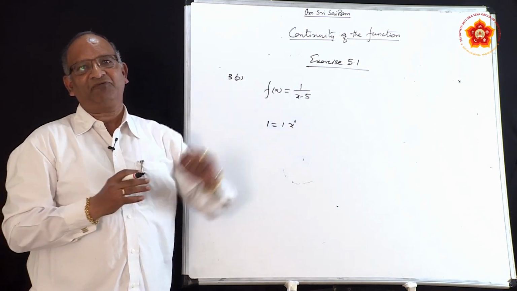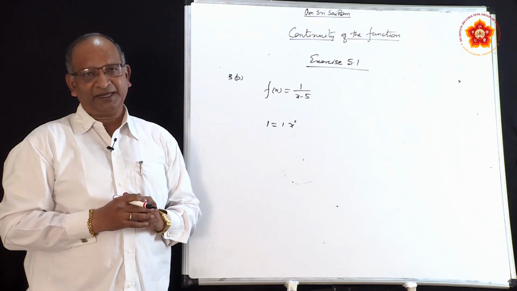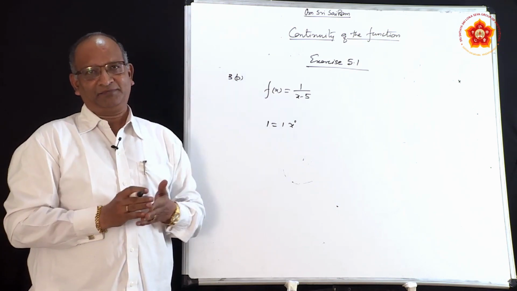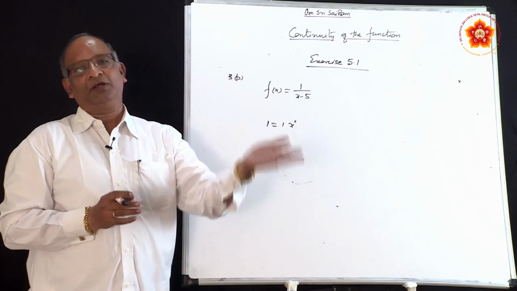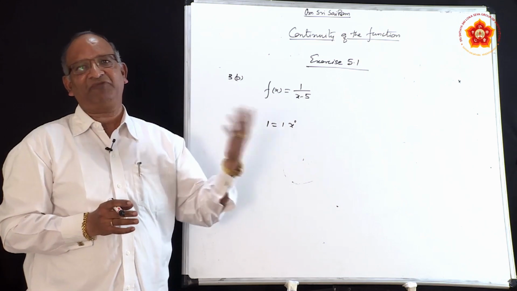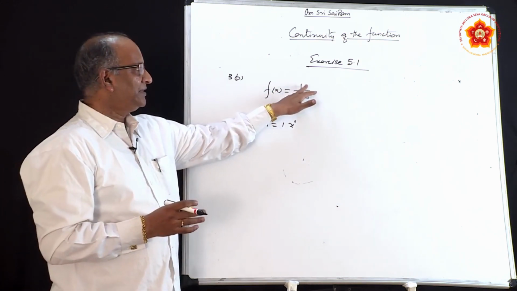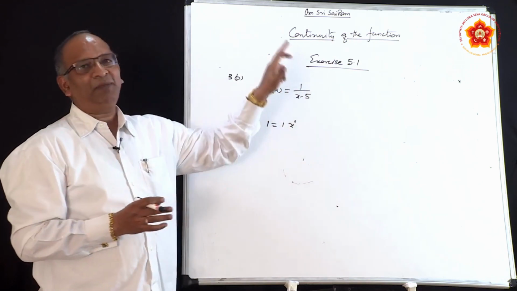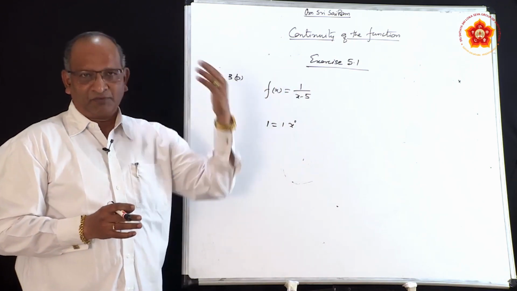We have studied in the algebra of continuity, if f is a function, g is a function, f by g is also continuous when f and g are continuous. So, this being a constant function is continuous, this being a polynomial function is continuous.